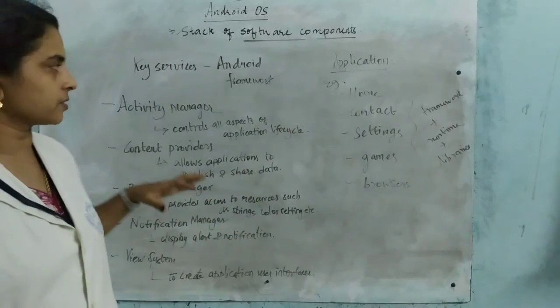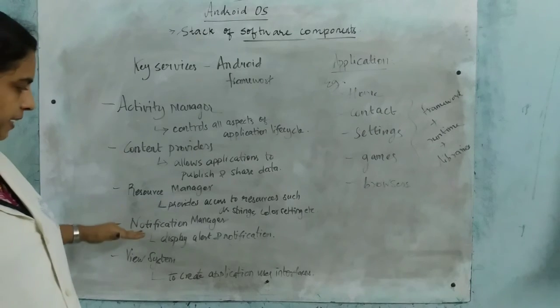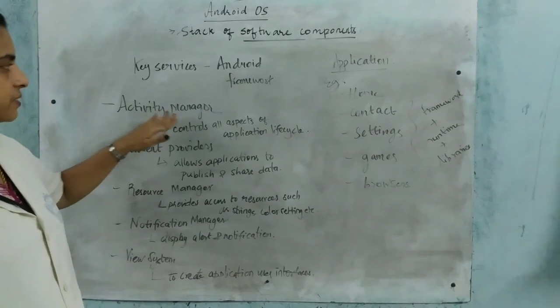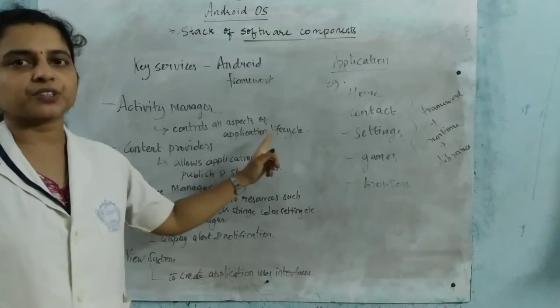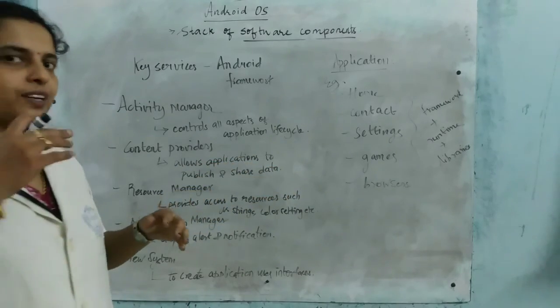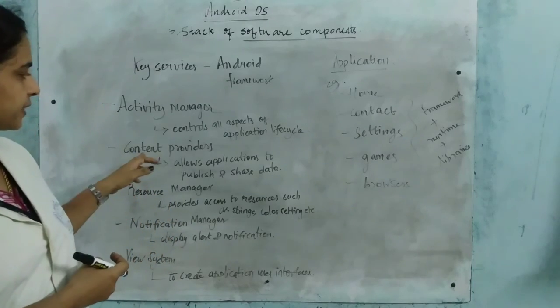Some of the key services are activity manager, content providers, resource manager, notification manager, and view system. Activity manager controls all the aspects of the application life cycle. So all the aspects of the application life cycle will be controlled by the activity manager. Then the next one is content provider.